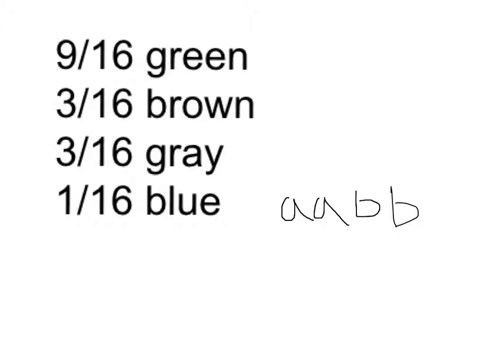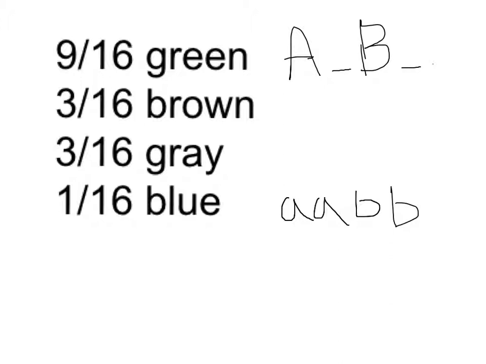Okay, so how does that work with the other ones then? If I knew the 9 out of 16 always had 1 dominant allele for each gene, so this has to be a big A and whatever, and a big B and whatever. Okay. So then what about these other two, these heterozygotes?